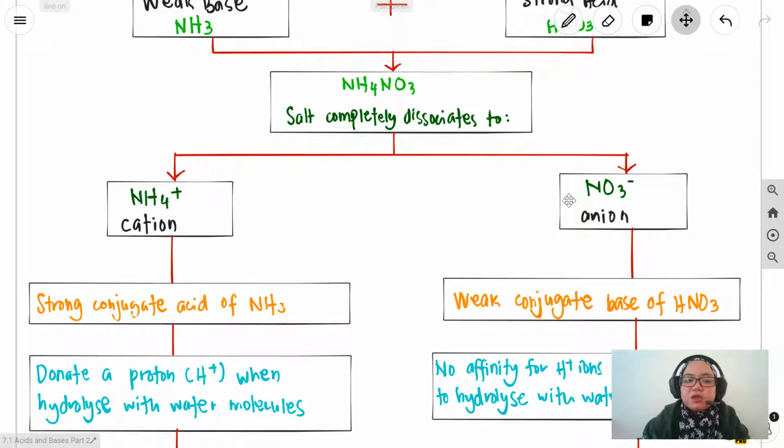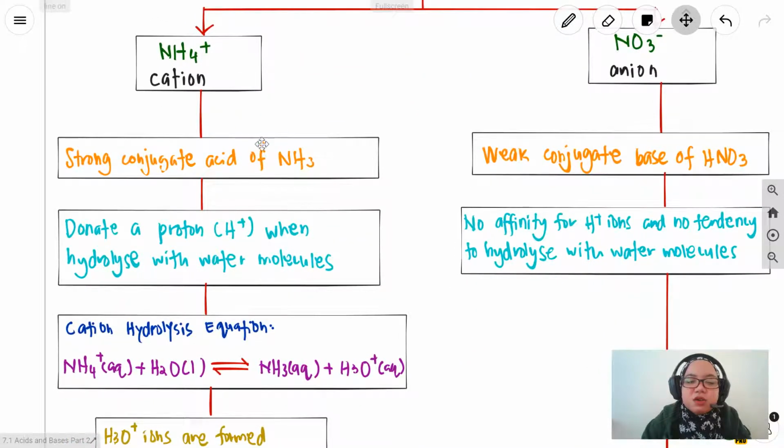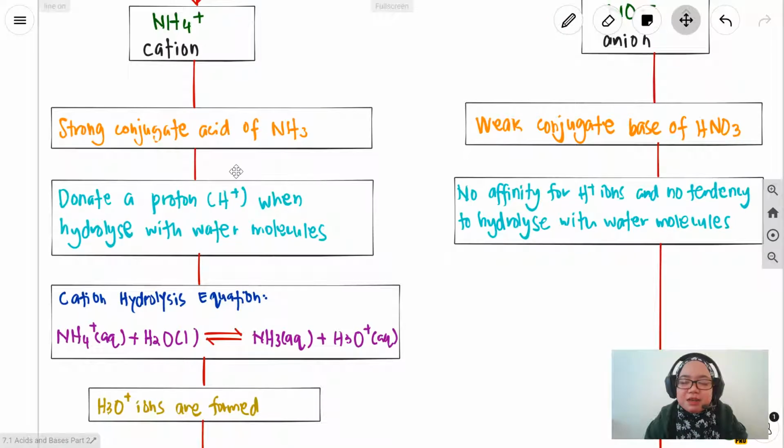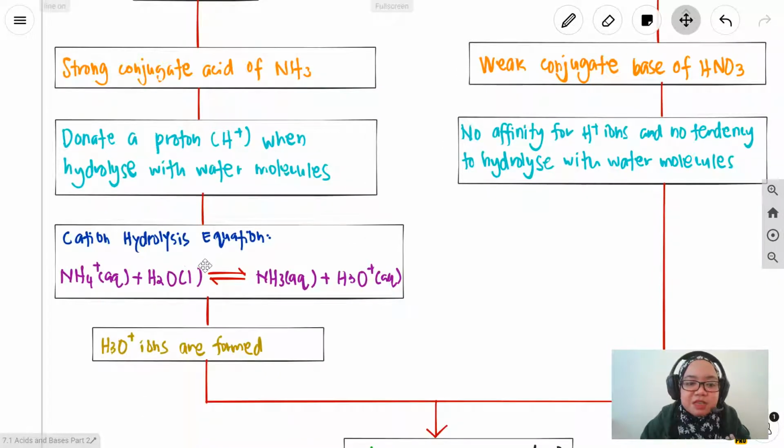Okay, so this conjugate acid of NH3, which is the NH4+ cation, will act as a Bronsted-Lowry acid, which can donate a proton when it hydrolyzes with water molecule. So when it undergoes the cation hydrolysis reaction, it will donate a proton to water to form hydronium ion here.